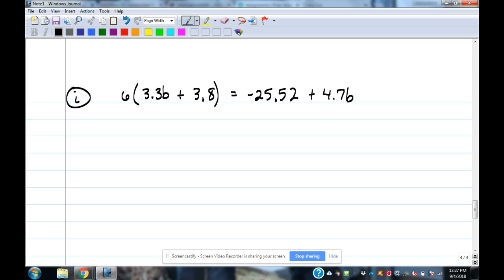Anytime we see parentheses, what are we going to do first? Times that. All right, so multiply the 6 times everything in parentheses.